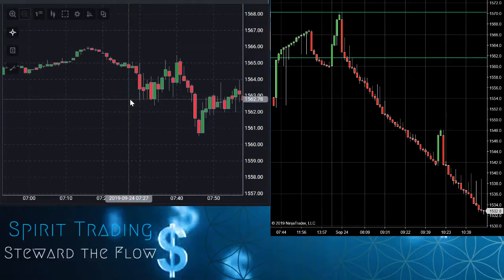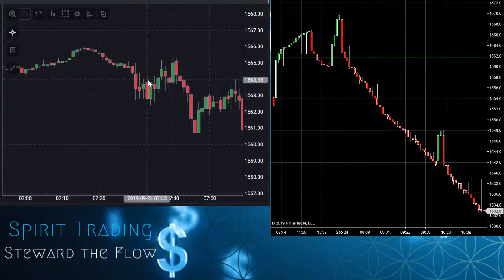So 62.7. Like right here, it just taps it. Bing! Right? Then it closes back. Right? That's the impulse drive. We get the pullback here. And then it comes down again.